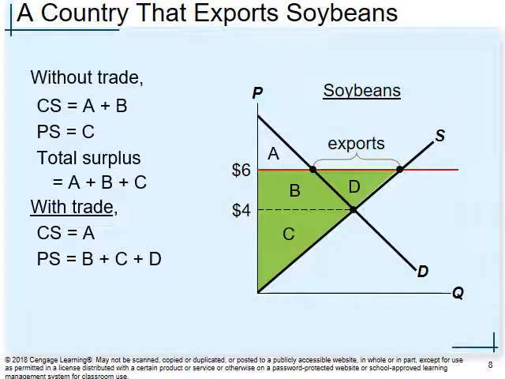So what happens is, if you compare it with the previous situation without trade, the producers' total surplus is increased by the area B and D, and B is what actually the consumer has lost, and D is the extra surplus which the producers receive from exporting.